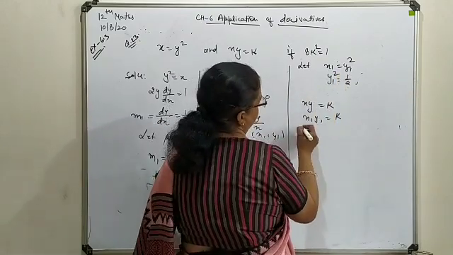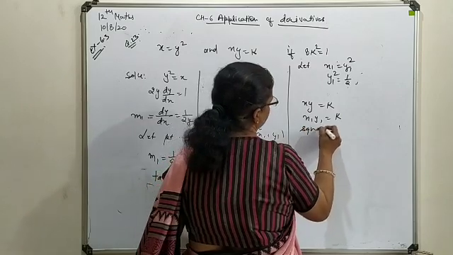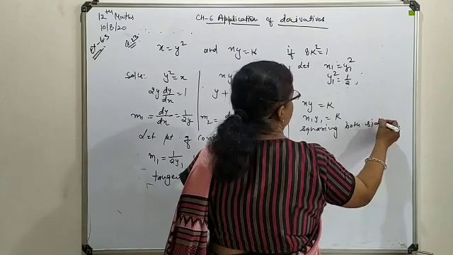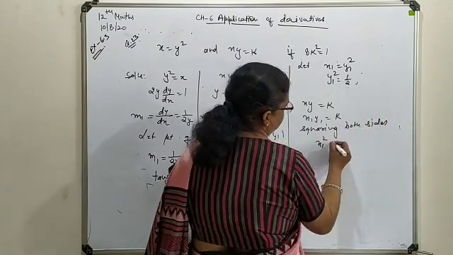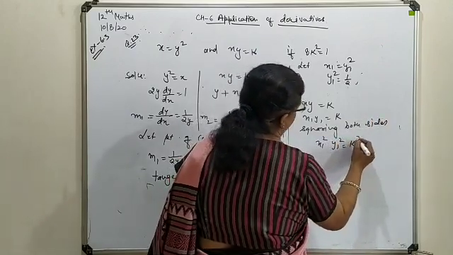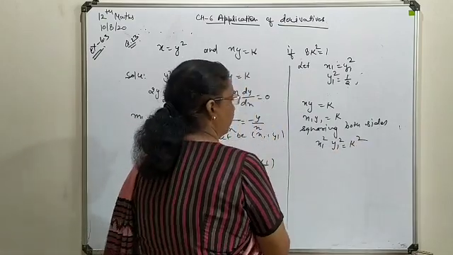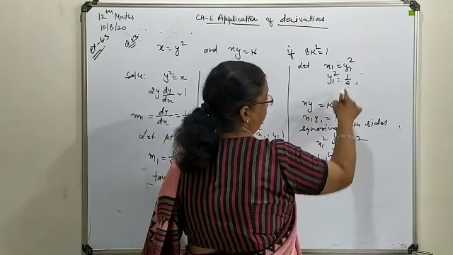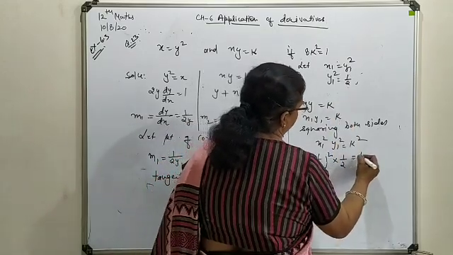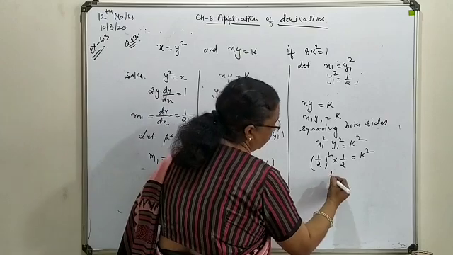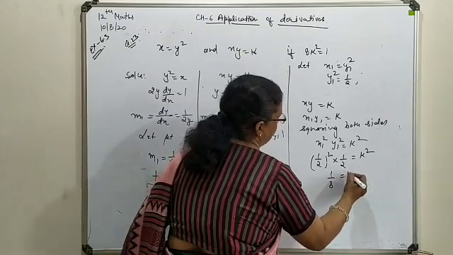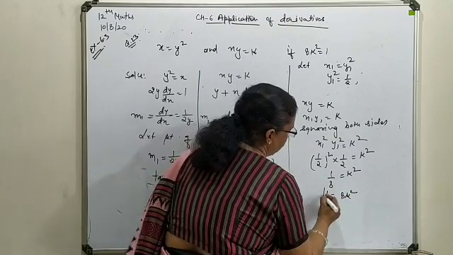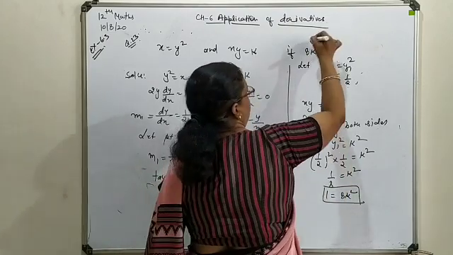Now squaring on both the sides, x1 square y1 square is equal to k square. x1 how much you are having? 1 by 2, it will be whole square. y1 how much you are having? Half. That is k square. So on solving, it is 1 upon 8 equals k square. Make them cross multiply. So this will give you the required relation.